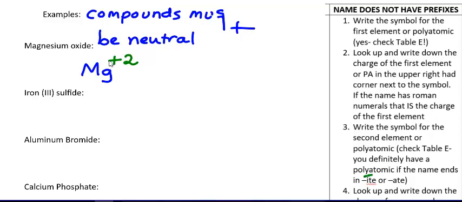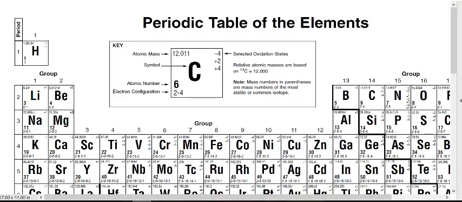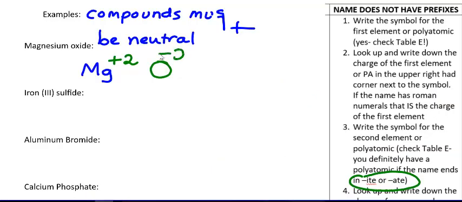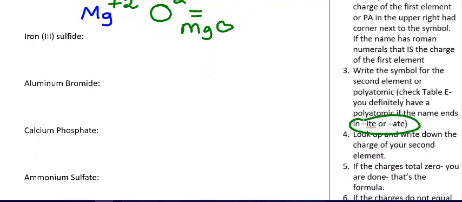Just a little note, if the name ends in ite or ate, you definitely have something from Table E. So we write down oxygen's symbol, and then we look up oxygen's charge when it's in compounds, and it's -2. Now, since these charges equal 0, we're done. That's the formula. Magnesium oxide is MgO. Let's look at what we have to do if they don't equal 0.